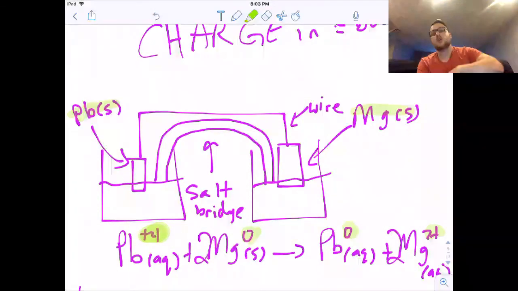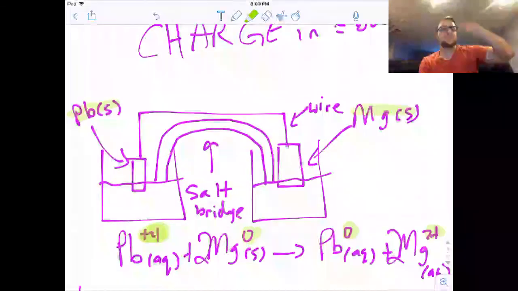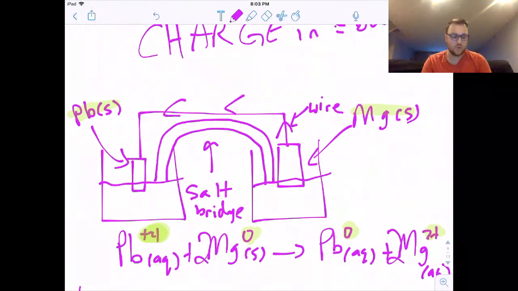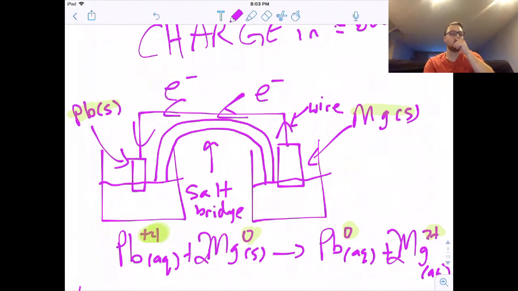They are going to leave Mg, travel through the wire, and go into Pb, which is gaining electrons reduction. But if we were to attach a battery or power source to this, we can reverse this reaction. We can cause Pb to become oxidized instead. And we can cause Mg to become reduced.